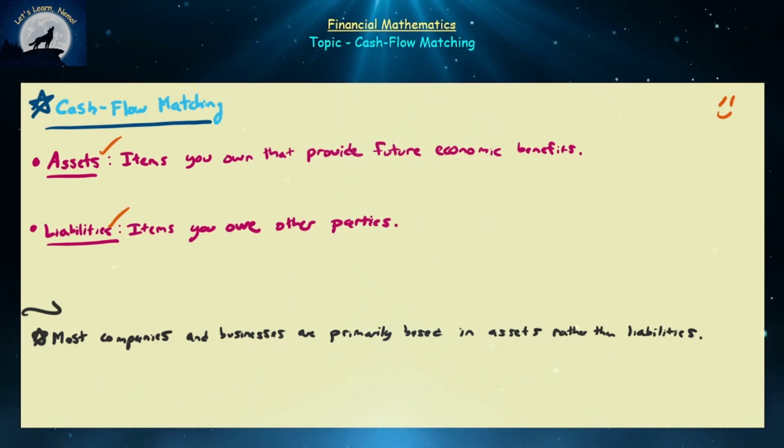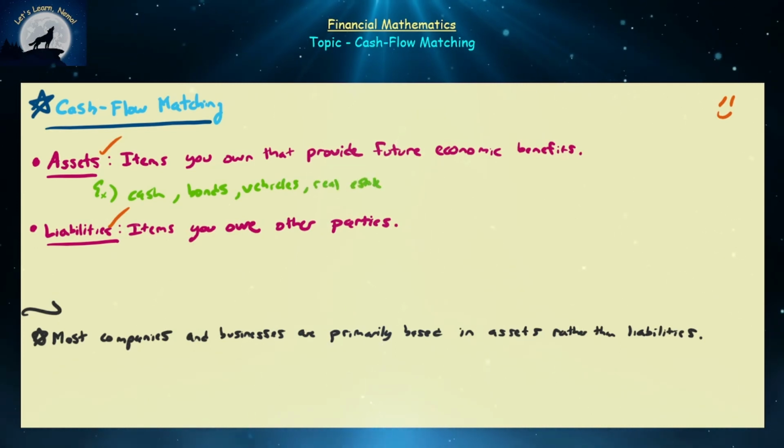Some common examples of assets that you might have could be cash, bonds, provided that you are the bond holder, vehicles for which you have completely paid off and do not owe any loans, real estate, assuming that you're collecting rent every single month, and generally speaking, accounts receivable, which is usually a more formal term that is used in the realm of accounting.